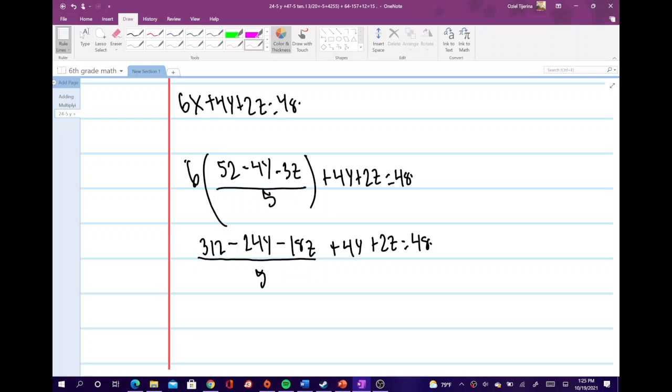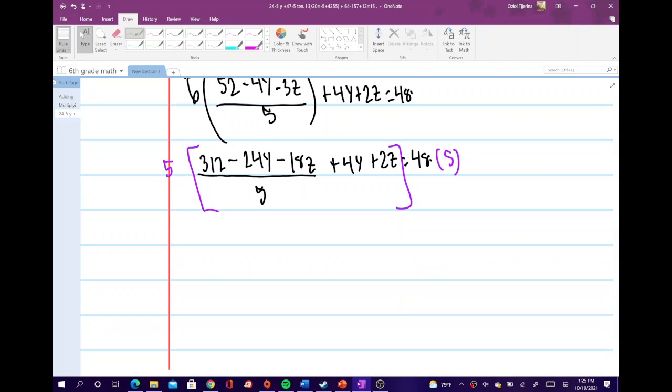Now, pay attention to what I'm going to do. Like the other problem, I am going to eliminate, or not eliminate, I'm sorry. This is substitution, not elimination. So I'm going to multiply this whole thing by 5 so I can cancel out the fraction. What I do to the left side, I do to the right side, times 5 here as well.